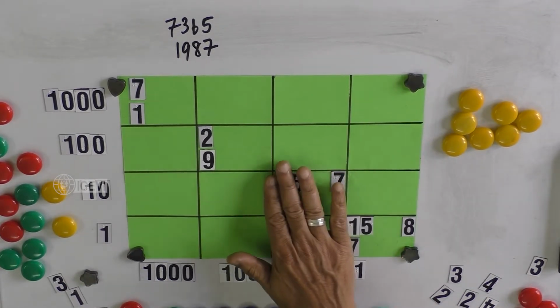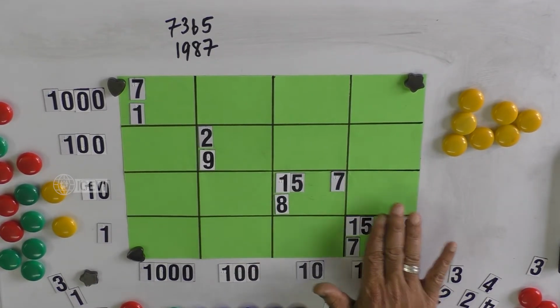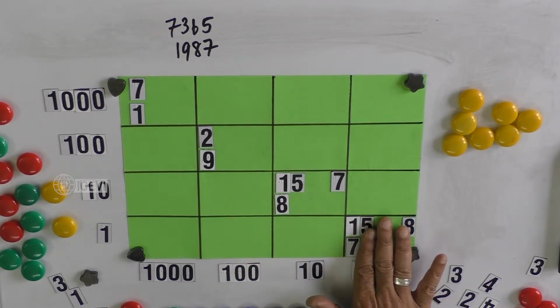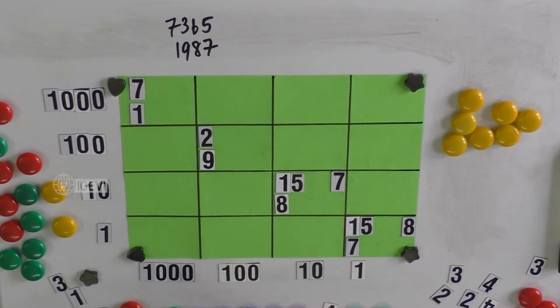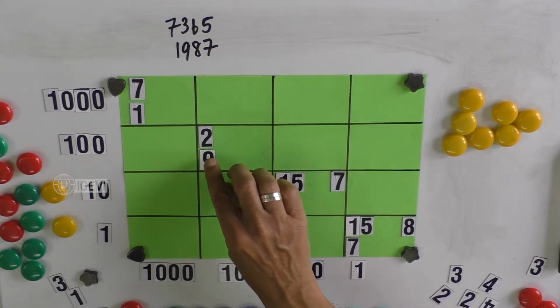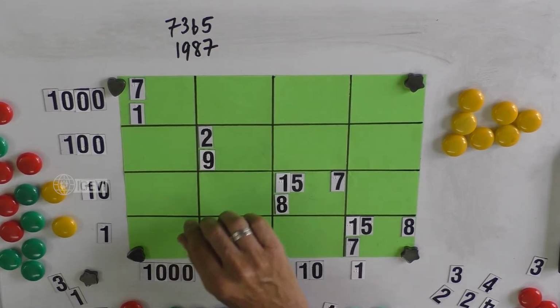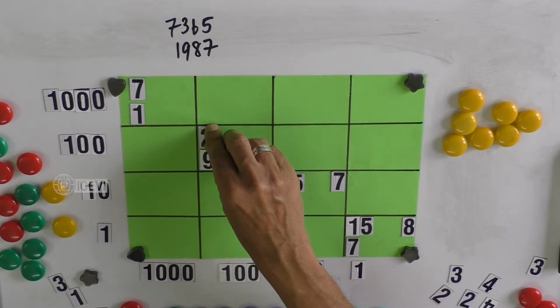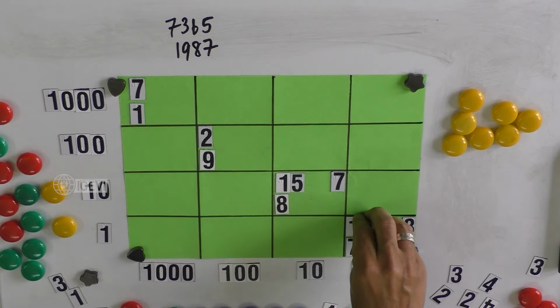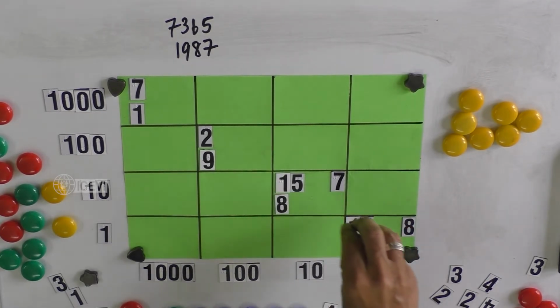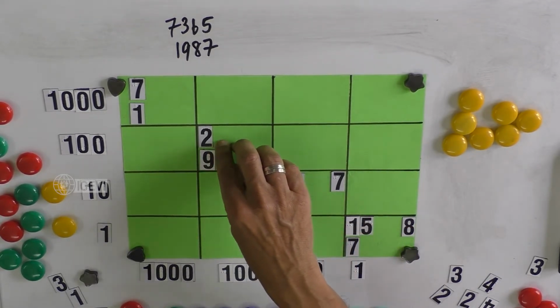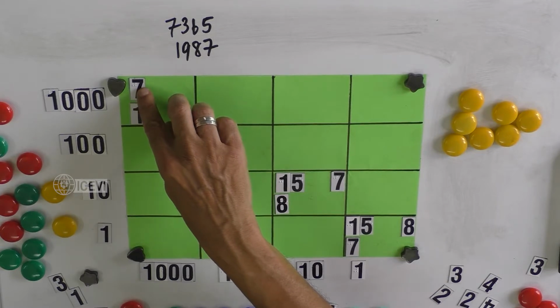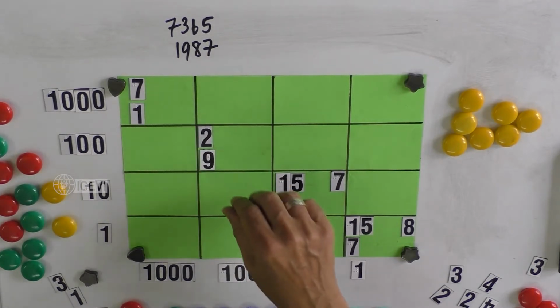So now we are through with the unit column number and the 10th column number. Now let us go to the 100th column. You have to subtract 9 from 2. It can't be, because 9 is bigger than 2. So follow the procedure that we have adopted in the other numbers. You have to borrow a number from the 1000th column.